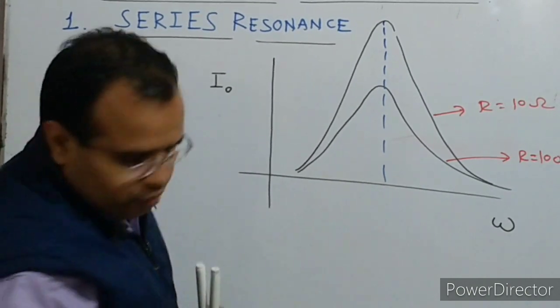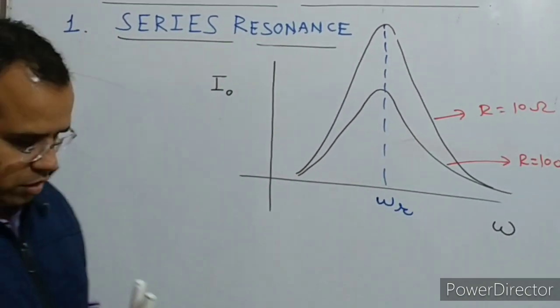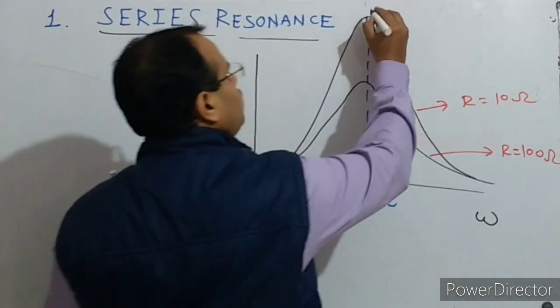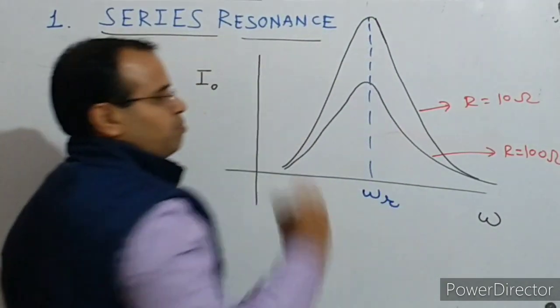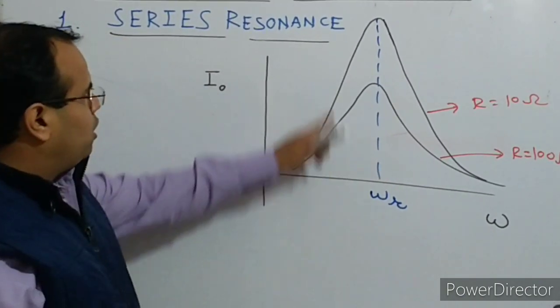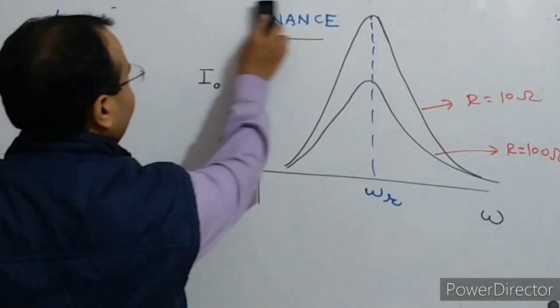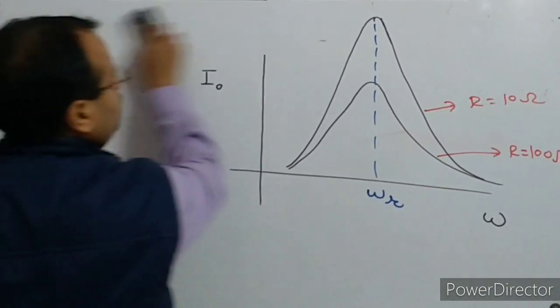This particular value of frequency is omega_R, that is the resonance frequency. So it doesn't matter what the value of the resistance is, for a particular value of angular frequency the current would be maximum.